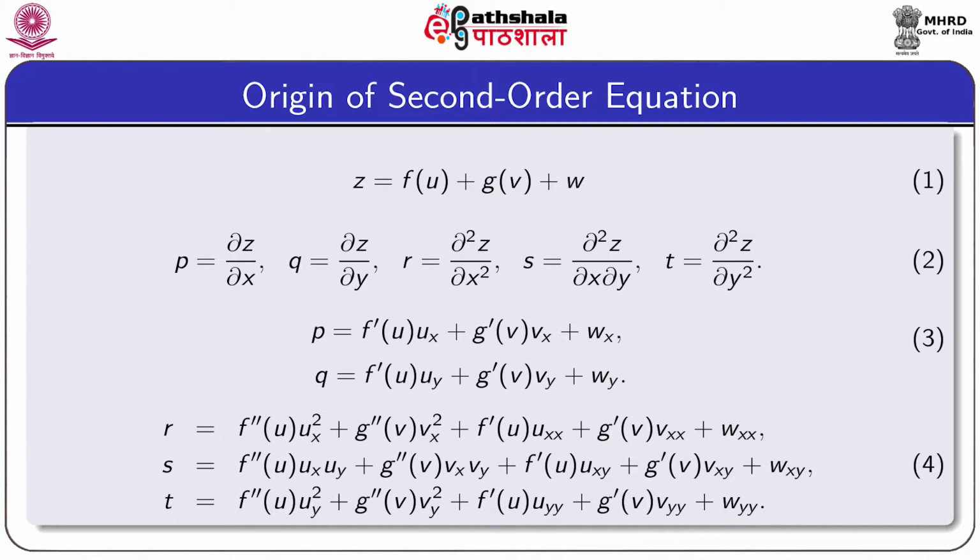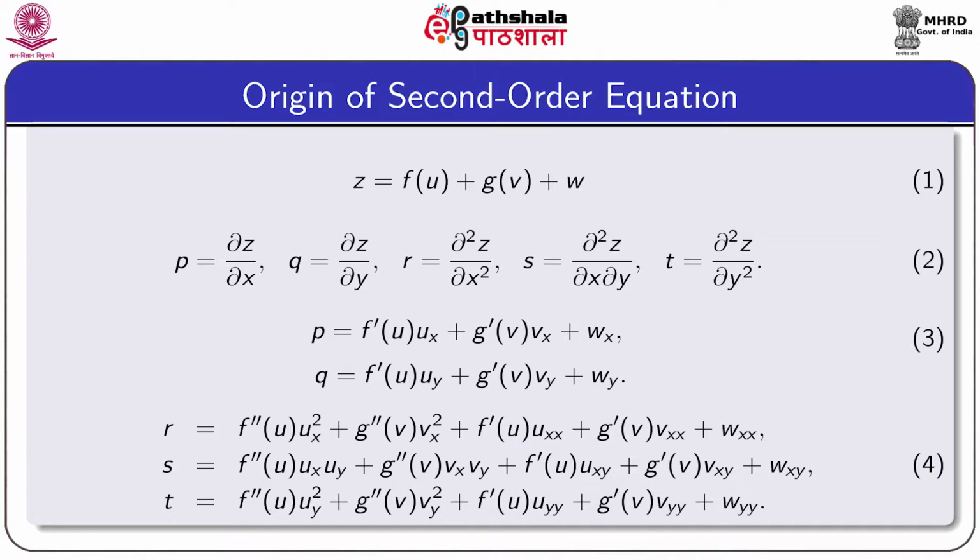Thus we obtain the equations in 3 by taking the derivative of equation 1 once with respect to x and y. Now, we take the derivative of the equations written in 3 with respect to x and y again. So, we take the first equation r, which is del 2 z del x square, obtained by differentiating p with respect to x, and the equation is written in equation number 4.